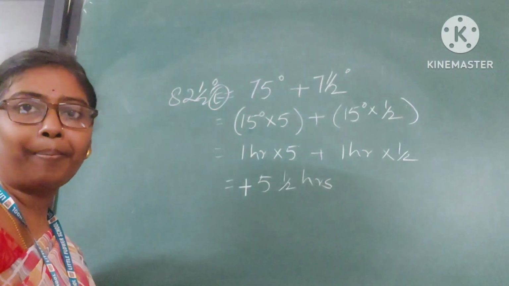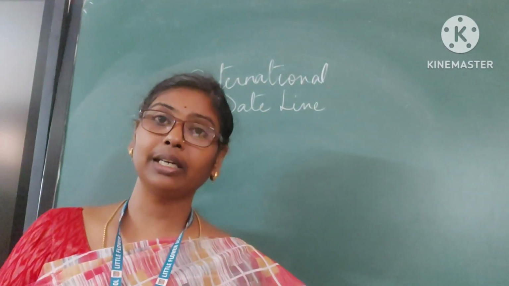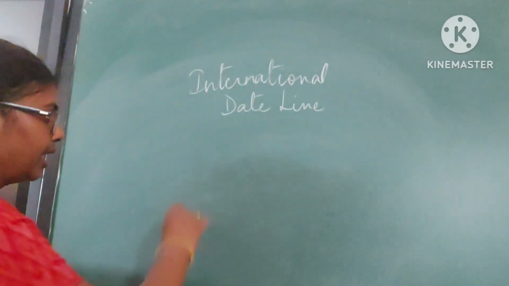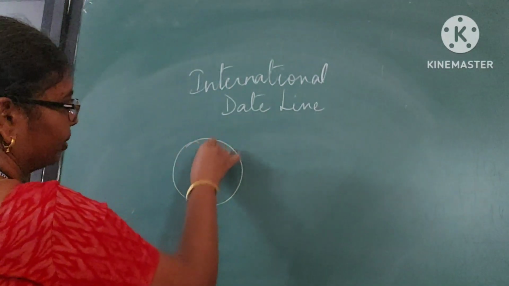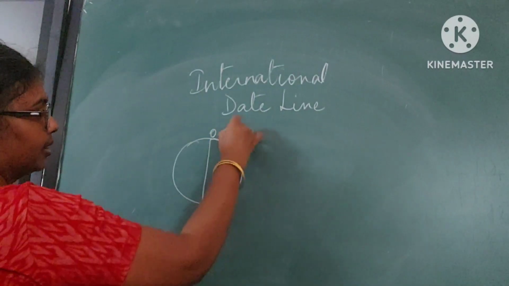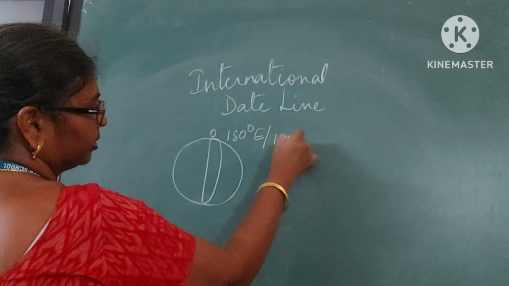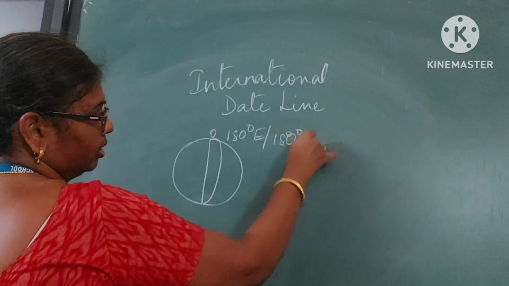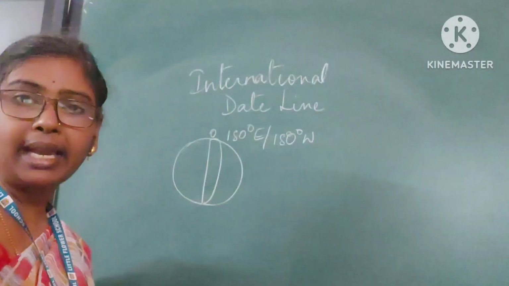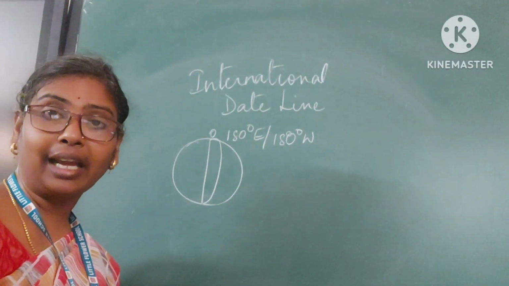And the next one is the international dateline. We have seen that just opposite the prime meridian, the opposite line is the 180 degree east or 180 degree west meridian, which is also known as the international dateline.